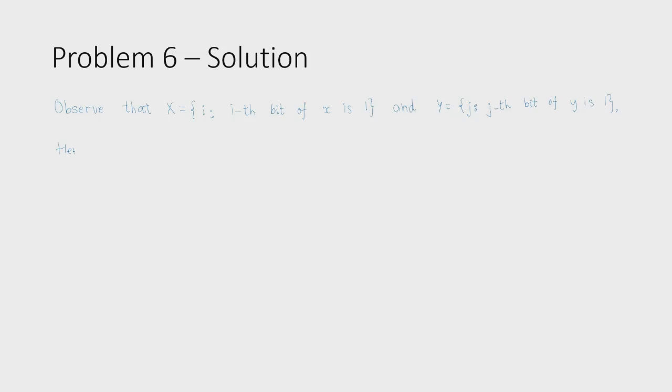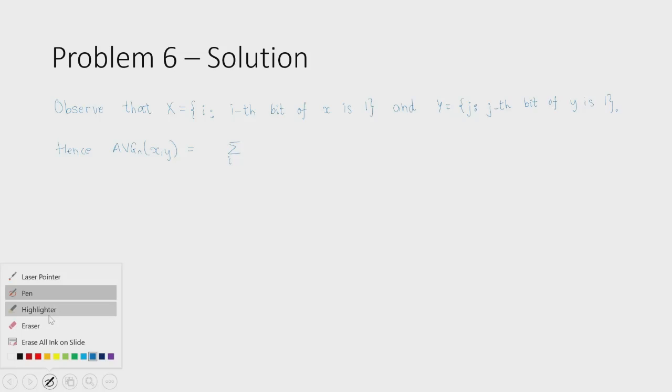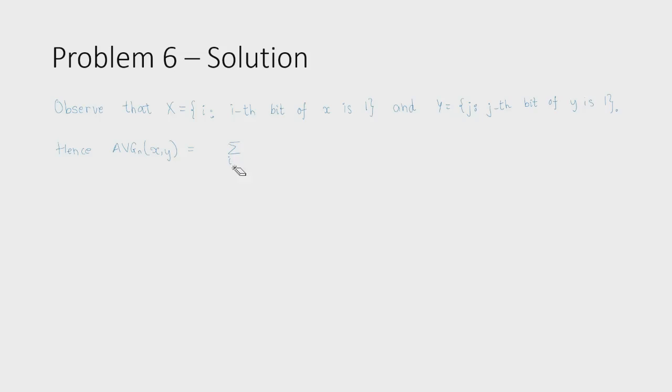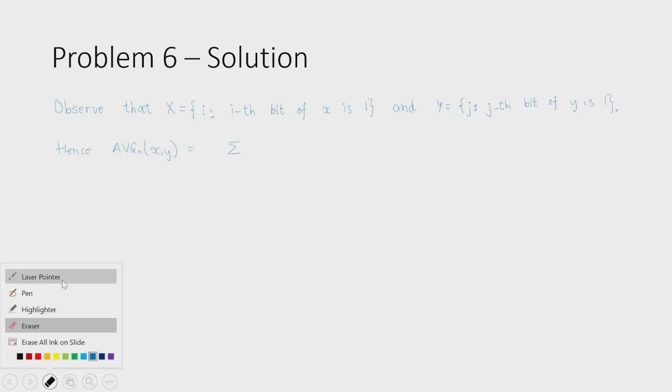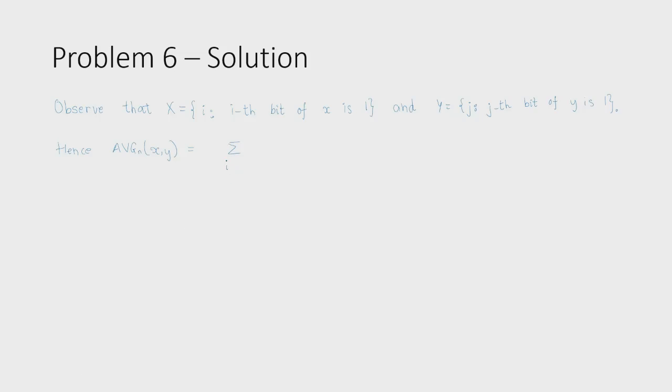Hence, this is just this expression: the sum over p in x, plus the sum over j in y of j, over size of x plus size of y.